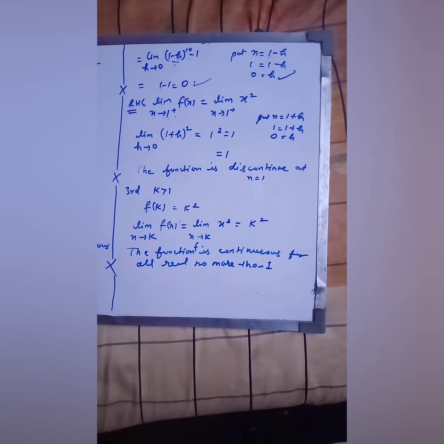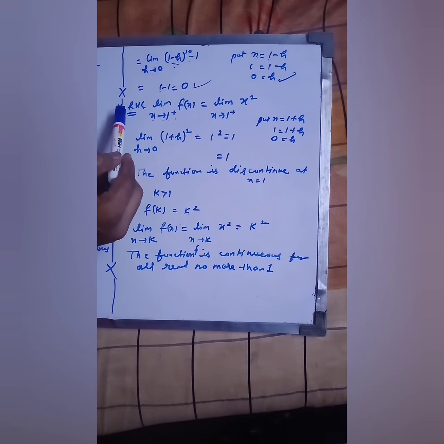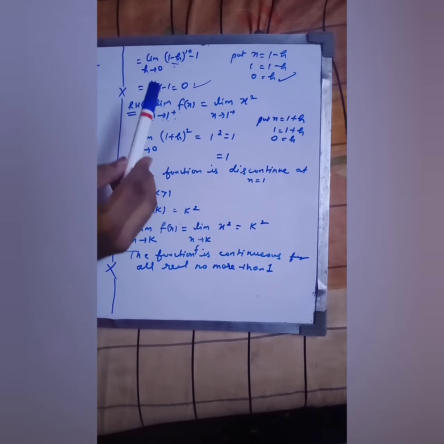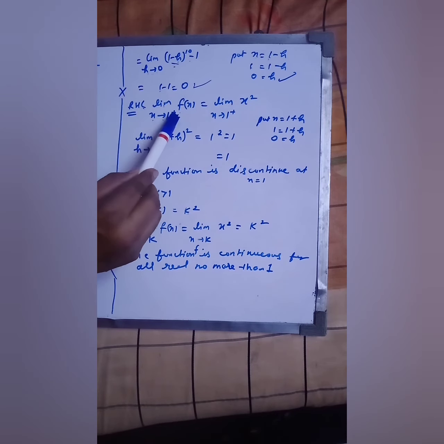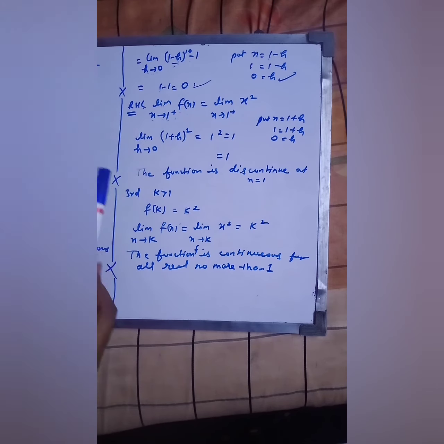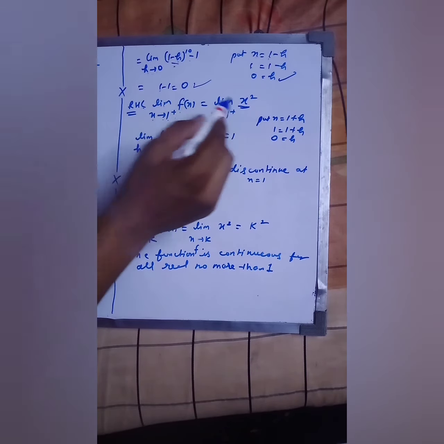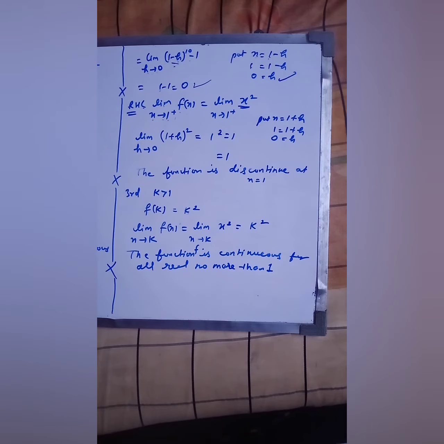Similarly, your last step is to find out the RHL. In the RHL, the limit x tends to 1 plus of f(x). Here the value of x is more than 1, because 1 plus means the value of x will be more than 1. So if it is more than 1, then your function would be x square. Your f(x) would be x square. You can see it in your question.